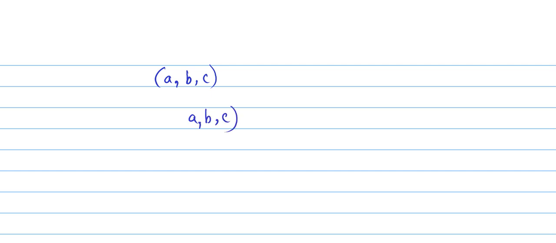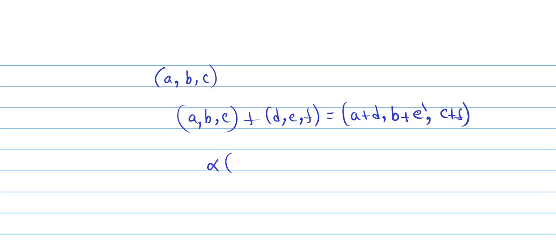If you have A, B, C and another D, E, F, the sum is defined by this, and the multiplication rule is defined by this. Alpha times A, B, C is alpha A, alpha B and alpha C. This multiplication rule and summation rule are defined for this vector space.